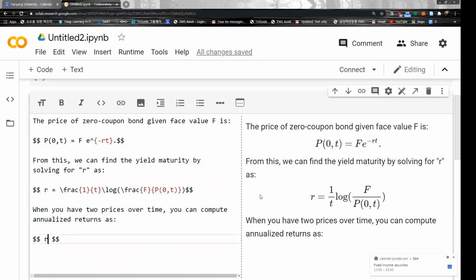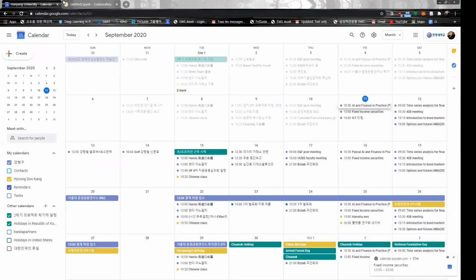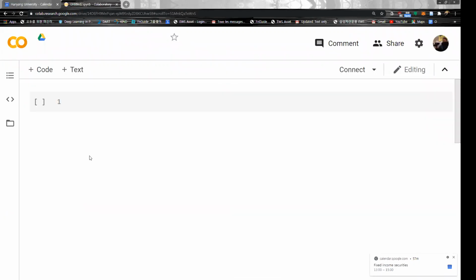So suppose you are interested in finding the annualized return from T to T plus delta. Oops, they all disappeared.